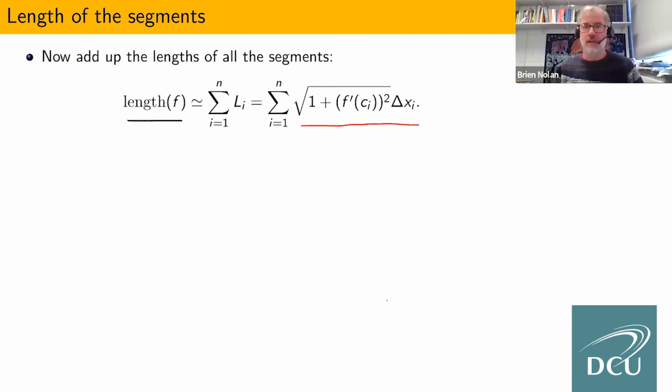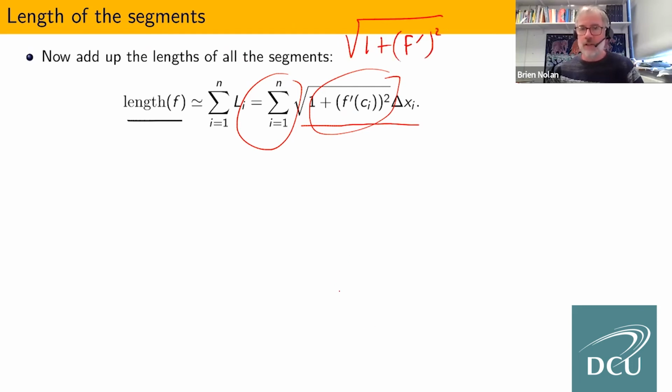But what is this quantity here? Well, it's got a sum. It's got some function evaluated at ci. So it's not f evaluated at ci, but it's the square root of 1 plus the derivative of f squared. And then what do we have here? We have out here the length of subintervals. So we have a sum.